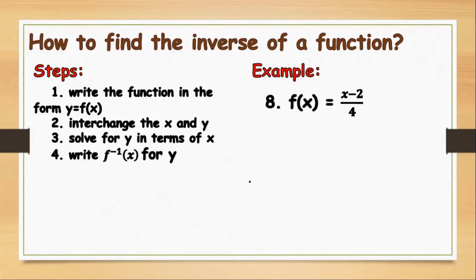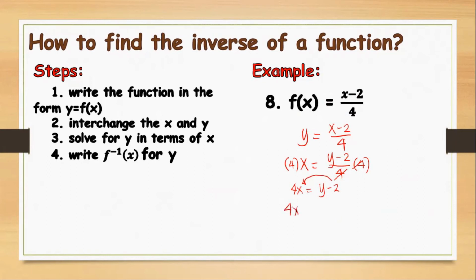Let's continue with number 8, x minus 2 all over 4. So same thing, y equals x minus 2 all over 4. Then interchange them. We have x equals y minus 2 all over 4. Then multiply both sides with 4 in order to eliminate the denominator. And so we have 4x equals y minus 2. All we have to do is transfer 2 on the left side.